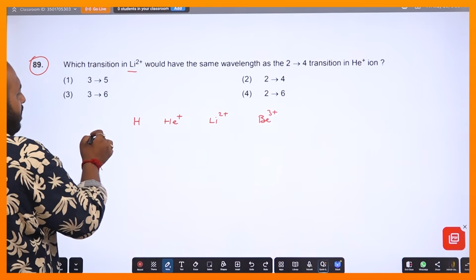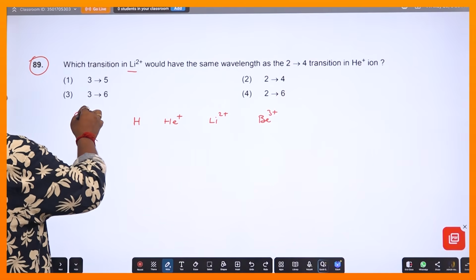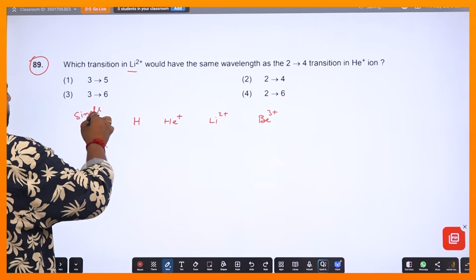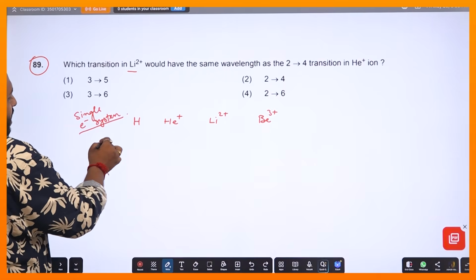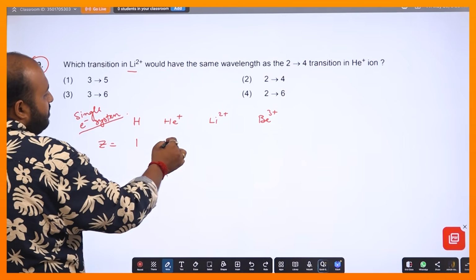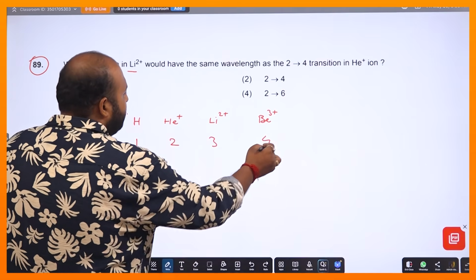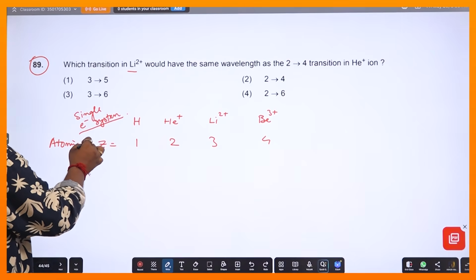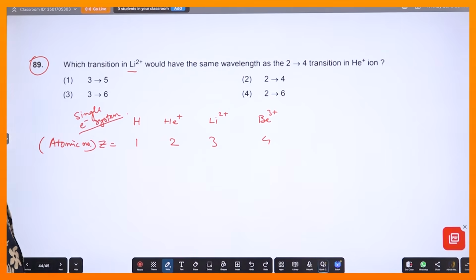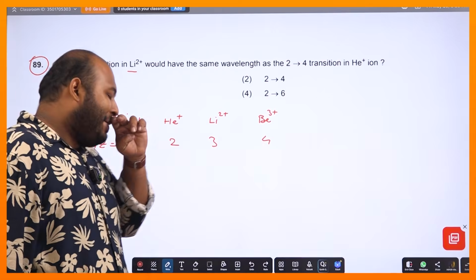All are basically single electron systems, and the Z values are 1, 2, 3, 4, basically the atomic number. Atomic numbers are different, though they are all single electron.